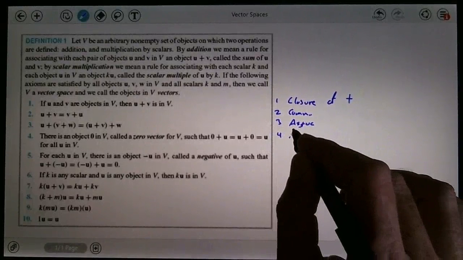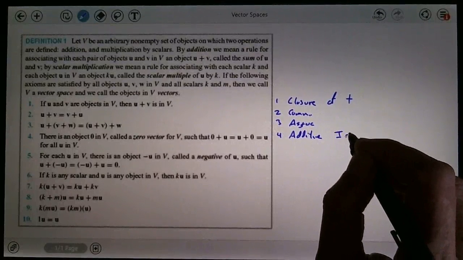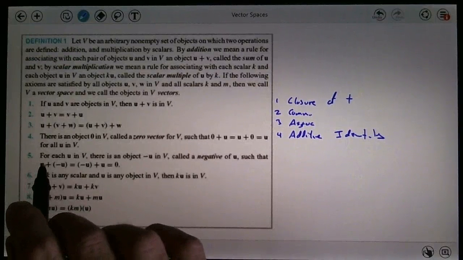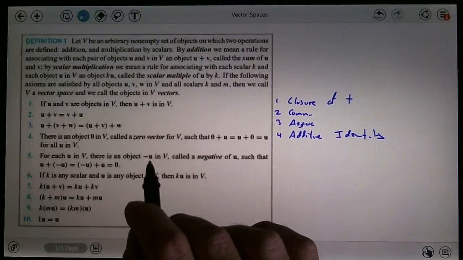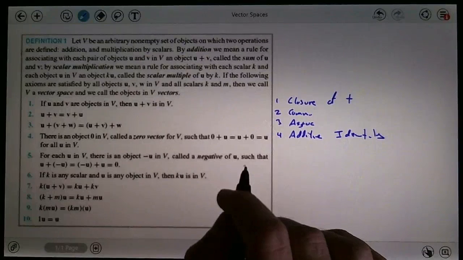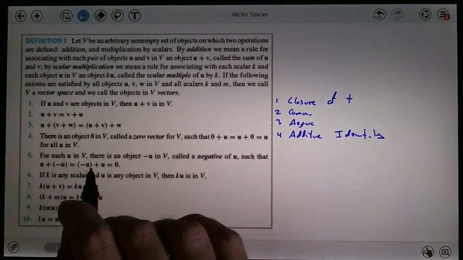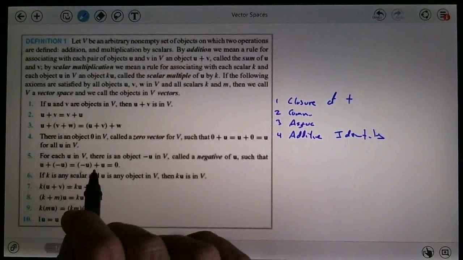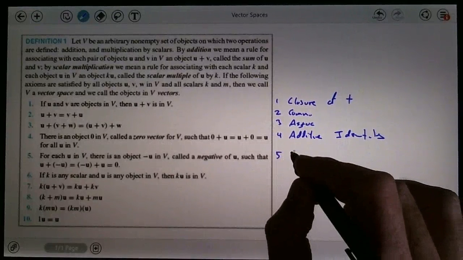That is, we have an additive identity. Number five, for each u in V, there exists an object which we call negative u, also in V, called the negative of u, such that u plus negative u equals negative u plus u equals 0. Addition's commutative, so you don't really have to say both of those. But anyway, this is that we have additive inverses.